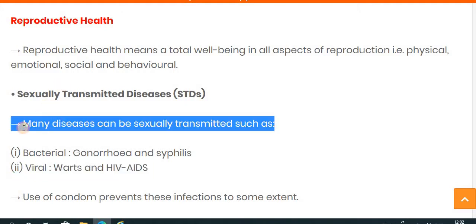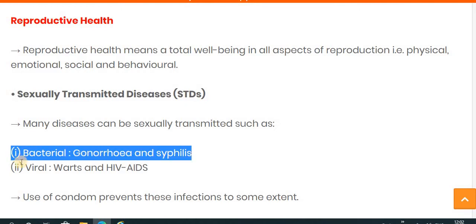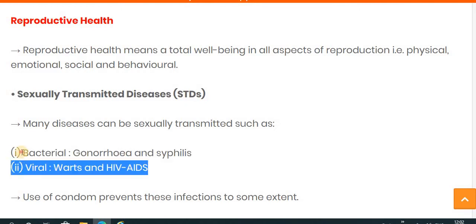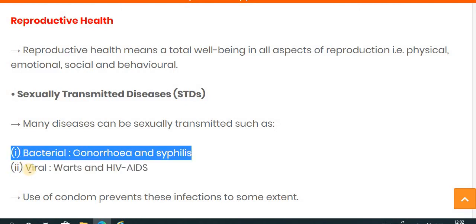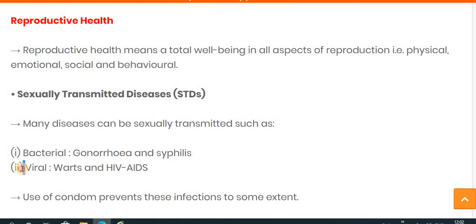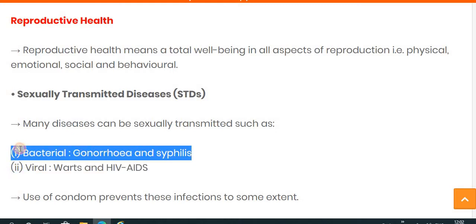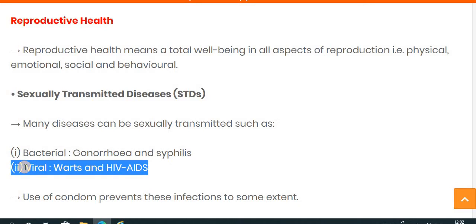So in STDs, we have to write two kinds of diseases: those caused by bacteria, gonorrhea and syphilis, and the viral ones, caused by a virus, the main virus being HIV/AIDS, and the disease names are AIDS and warts.